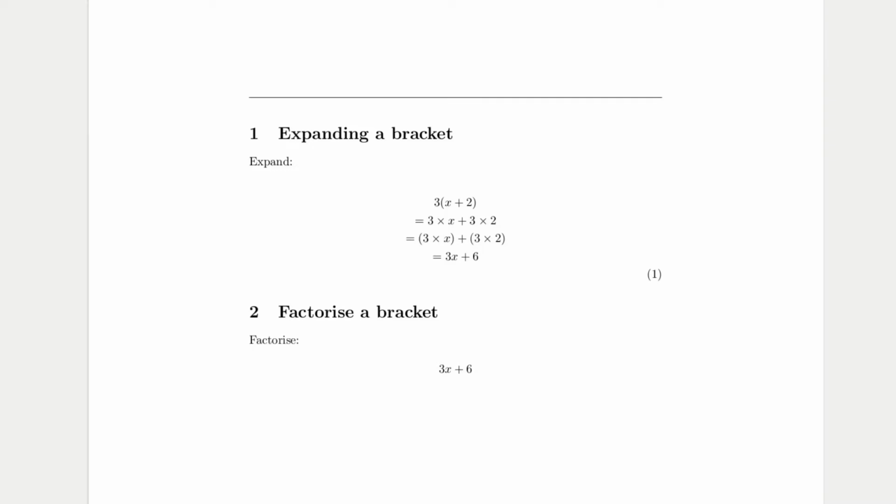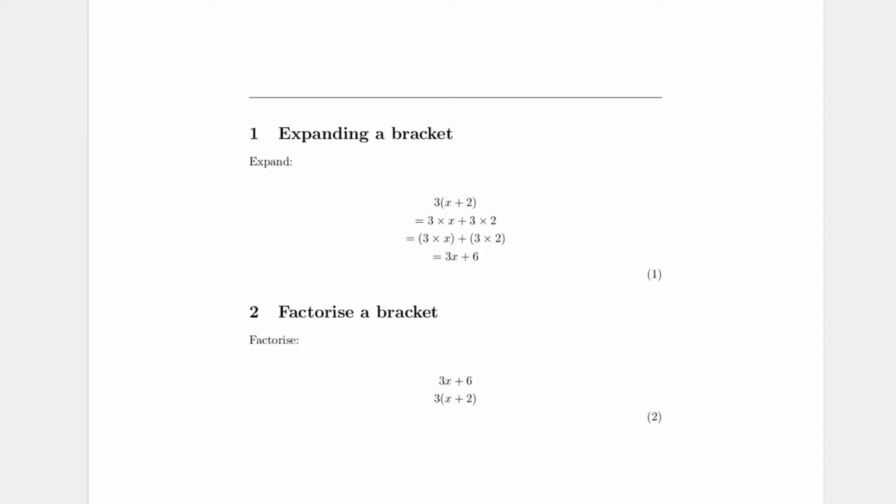Factorise means to find a common factor to both terms in that expression, and in this case, since we've already expanded out this expression here, it's no surprise that the common factor for this one is 3, because both 3x and 6 are divisible by 3. 3x divided by 3 is x, and 6 divided by 3 is 2. Alright, that's the solution to that one.